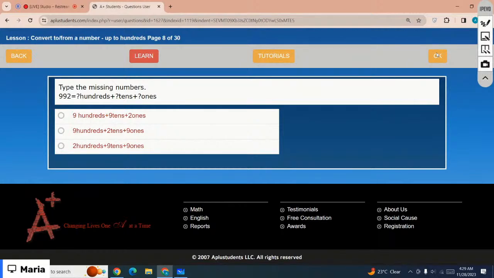Type the missing number 992, which is the correct option?